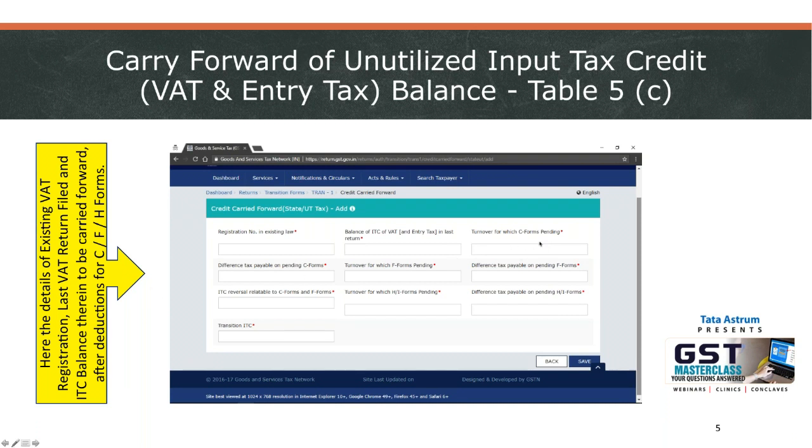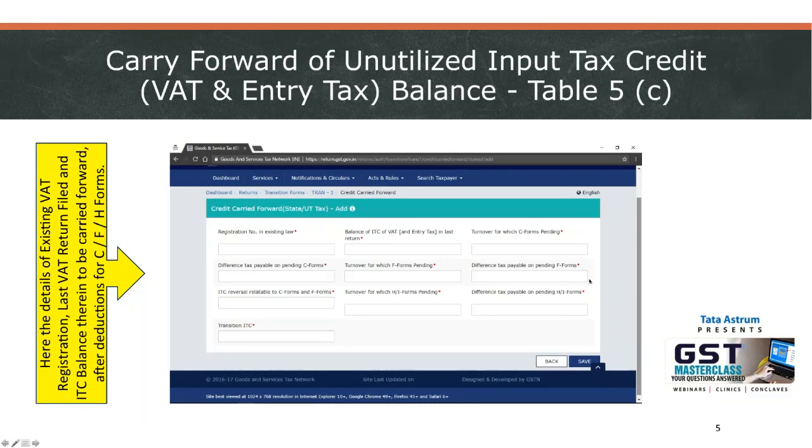So suppose your turnover for which C form is pending is 1000 rupees. The differential tax payable would be, suppose your goods were taxable at 14.5% and you had paid CST at 2%, so differential tax payable would be 1000 into 12.5%, which amounts to 125 rupees.